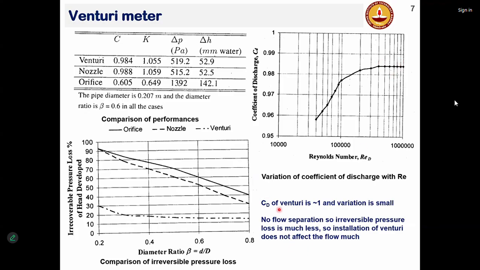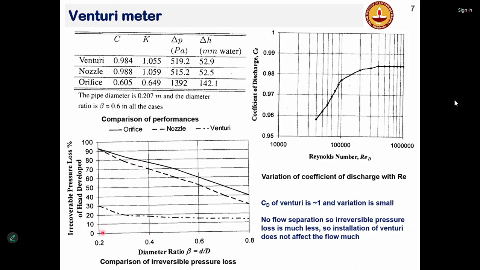And your CD for the venturi is very close to 1, okay, as opposed to orifice meter, which is something that we discussed. Here, as opposed to orifice meter, where there is a sudden change, flow separation and formation of eddies, here that effect is negligible. And that is why the CD becomes very close to 1.